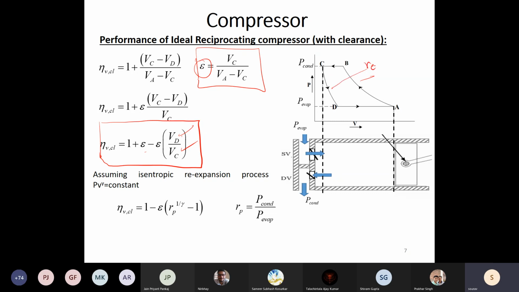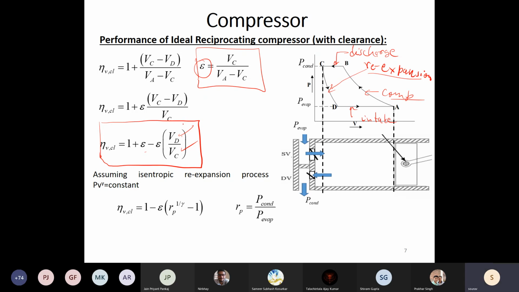So let me write this: this is the re-expansion, this is the compression, this is the discharge, and this is the intake. These are the four processes which are happening. Now we'll assume, just for simplicity, that the re-expansion and the compression processes are isentropic, so that we can simplify this expression.